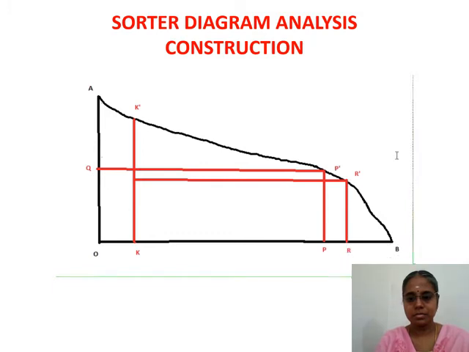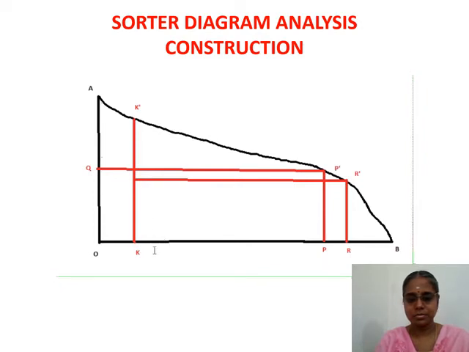So now from R, take 1 by 4 OR. Like OK is equal to 1 by 4 OK, you have to take OL is equal to 1 by 4 OR. Like if you can measure it, if it is some 4 inches, 1 by 1 inch is your OL. If OR is 4 inches, OL is 1 inch.